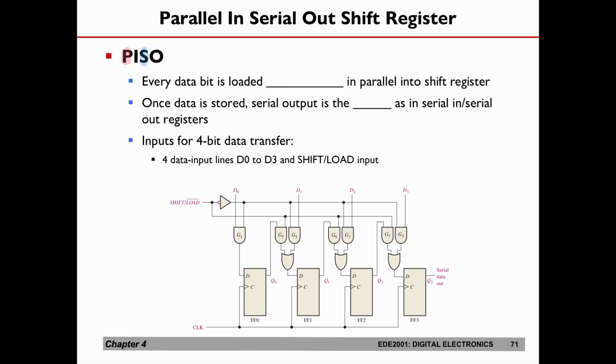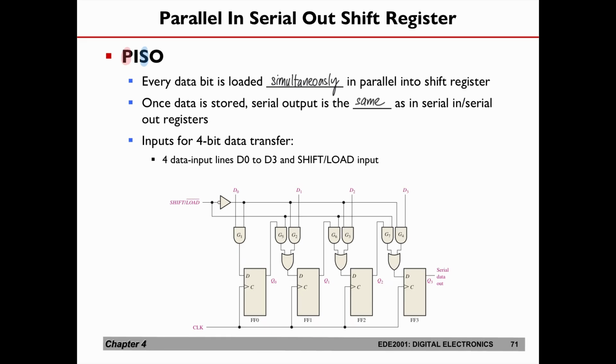So storing in is going to be parallel, but when you shift the data out, it is going to be serial. So every data bit is loaded simultaneously into the shift register.